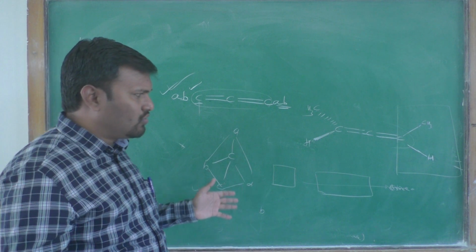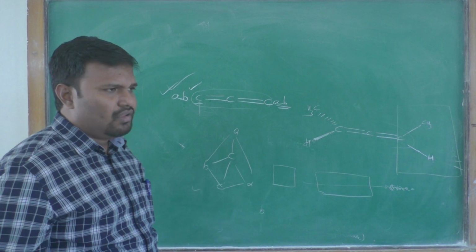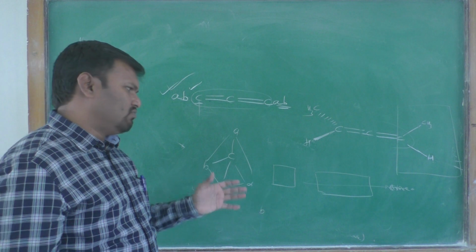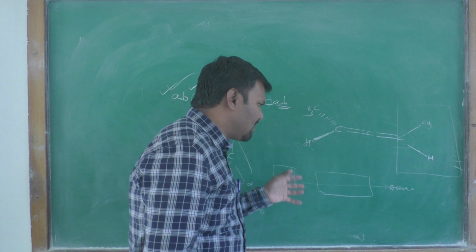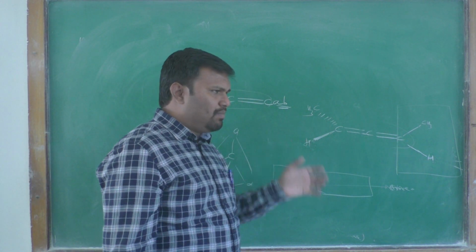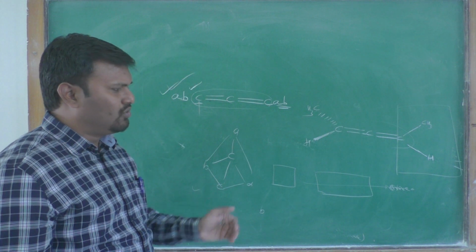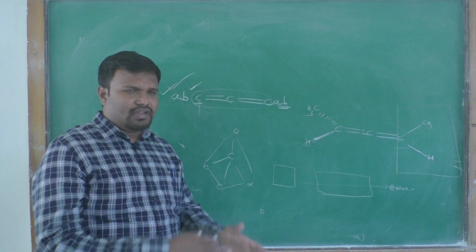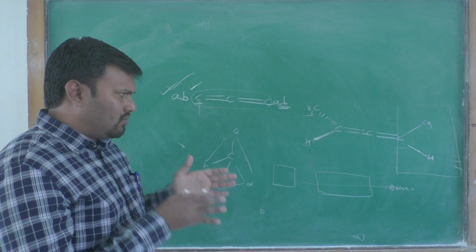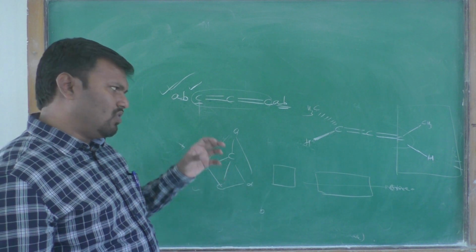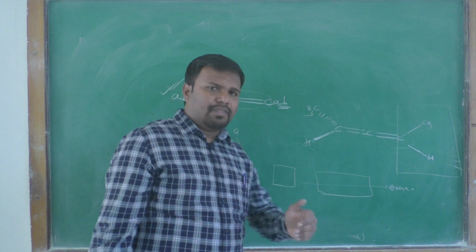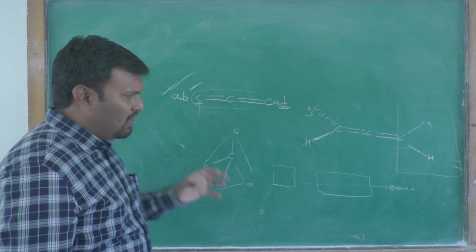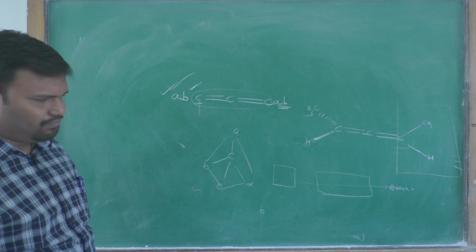Due to the elongation of the tetrahedral geometry, such compounds can be explained on the basis of stereoaxis, and this molecule we can explain on the basis of the axis of chirality.